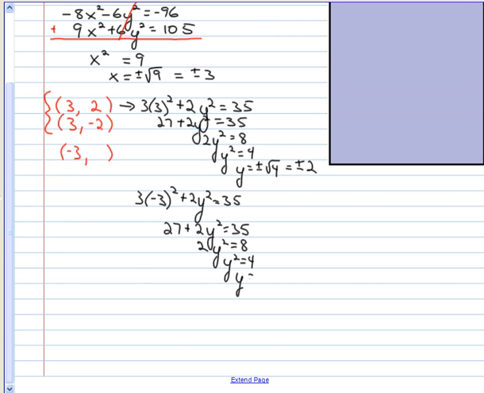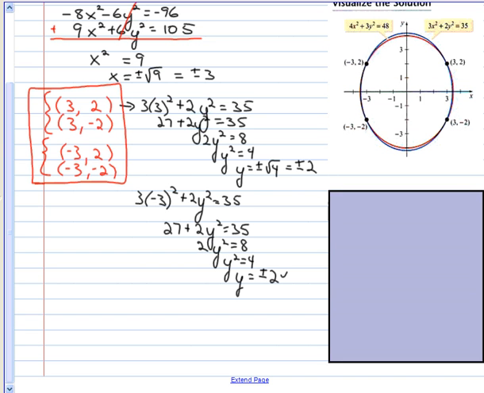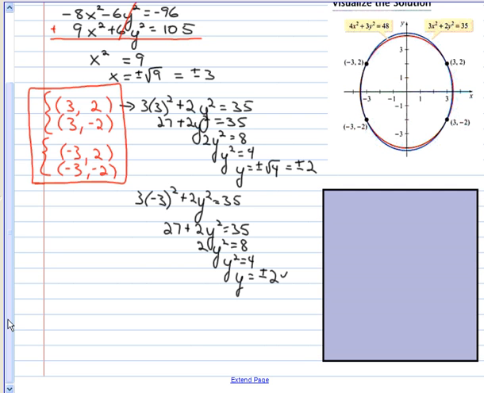In order to get y, I'll take plus or minus the square root of that 4, which gives me a plus or minus 2 again. When I put a -3 in, I can get a +2, and I can get a -2. 2 solutions from having a -3. So there are actually 4 answers to this one. If we looked at the graph, it happens to be 2 ellipses, and there are the 4 solutions, or the 4 places where these 2 ellipses intersect.